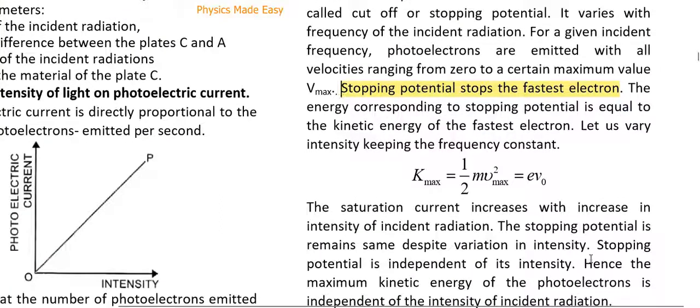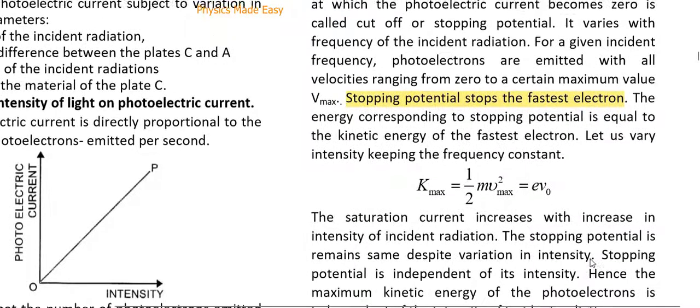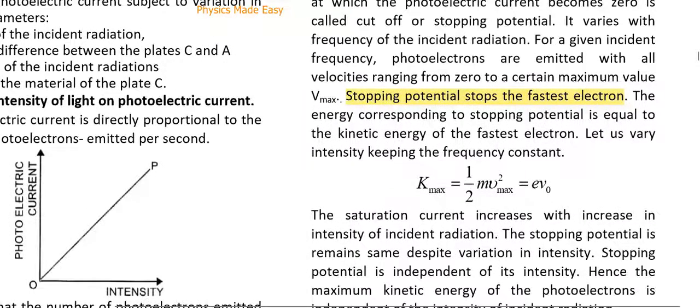Now, if V naught is the stopping potential and we multiply V naught by the electronic charge, then it becomes work or energy.